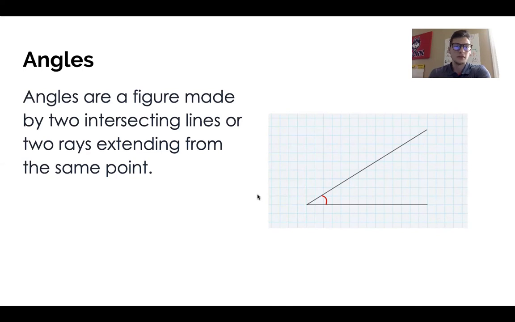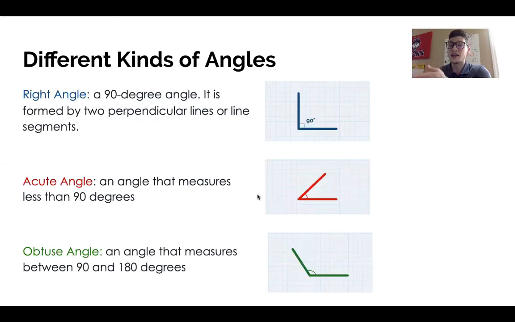Now, there are different kinds of angles depending on how the lines intersect. A right angle, which I'm sure many of you have heard of before, is a 90-degree angle, formed by 2 perpendicular lines or line segments. That is when my lines intersect, creating a 90-degree angle.